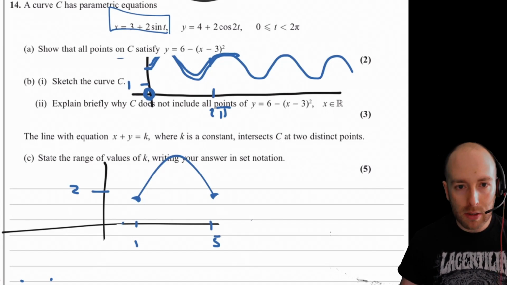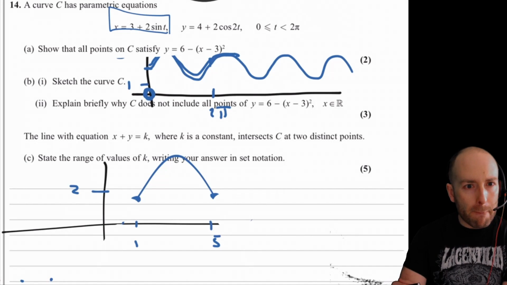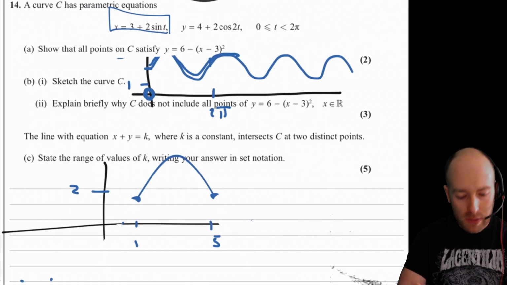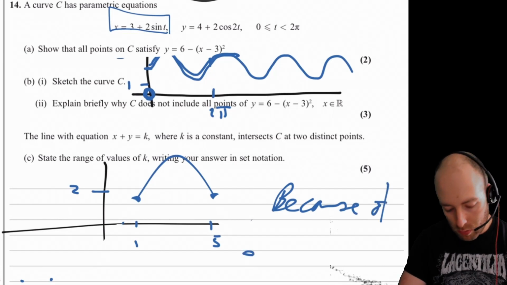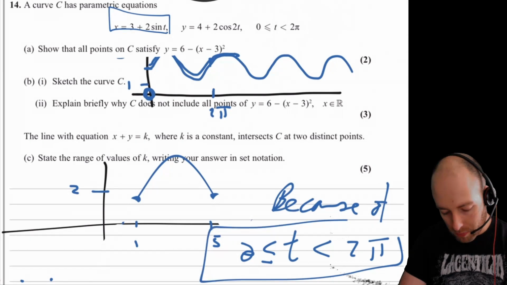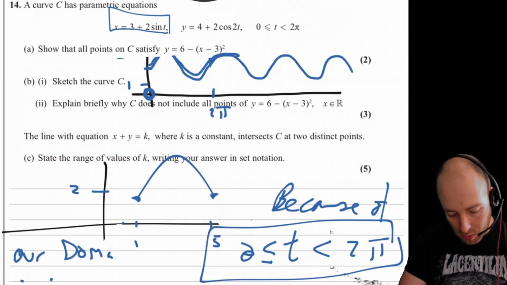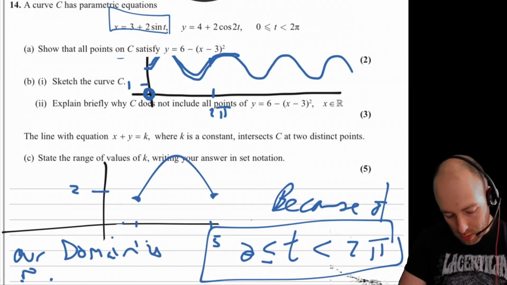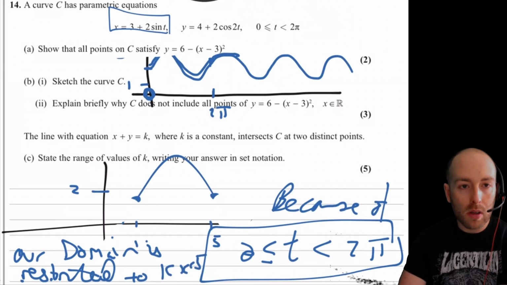So explain why it doesn't include all of the points. Well, as you saw, because of the range of 0 to 2 pi for t, our domain is restricted to 1 to 5 for x.